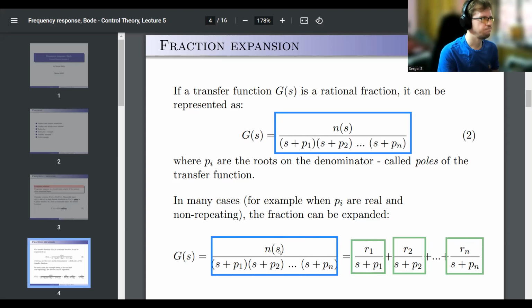So there will be a process for how to achieve this expansion, but that is not the point. We are not going to try to do it by hand, so don't worry. You don't have to learn how to make the fraction expansions, but just take note that it can be done for some transfer functions. There is a more general way to do it for all rational fraction transfer functions.